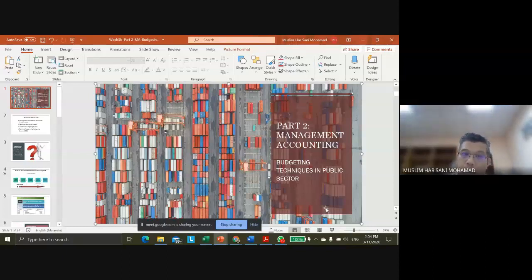So now we will look specifically at what techniques have been practiced in government organizations with regards to how to allocate the budget, or how to distribute the budget, right?